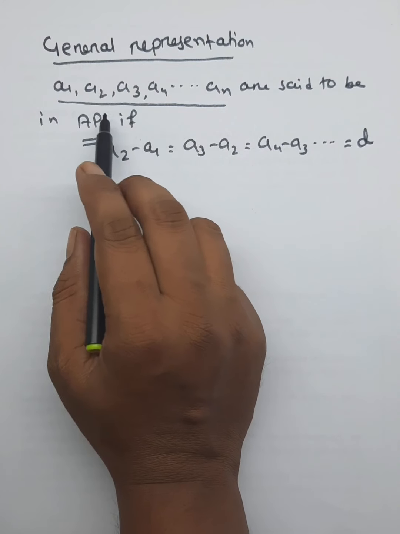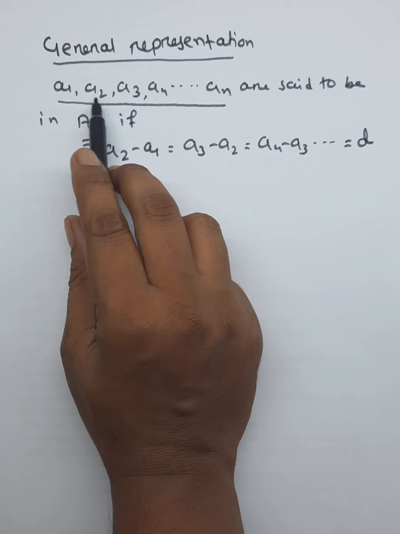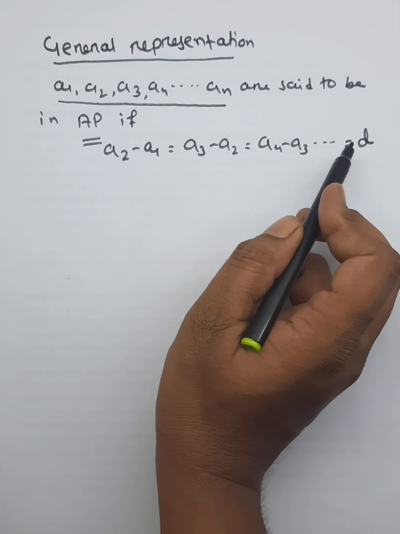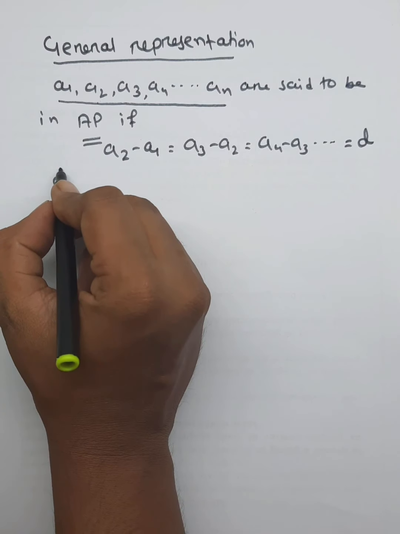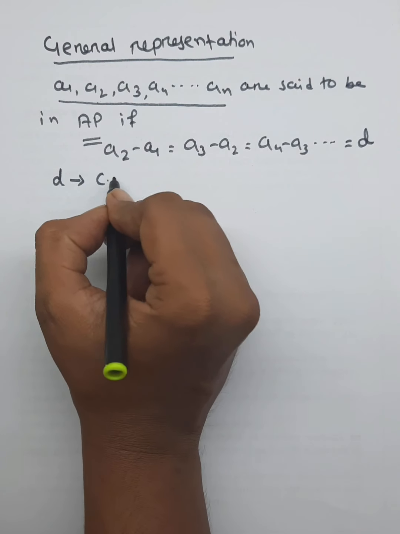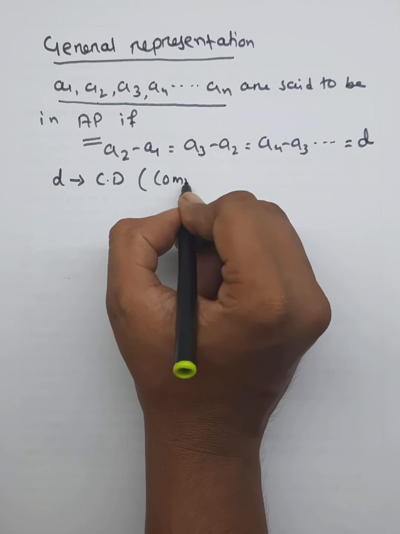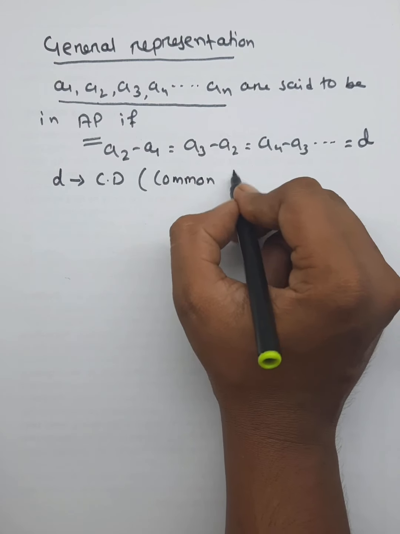If we subtract the preceding term from the succeeding term, we get a fixed number. This fixed number is known as the common difference.